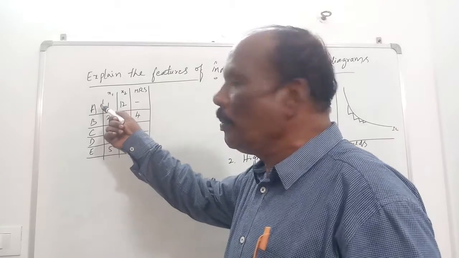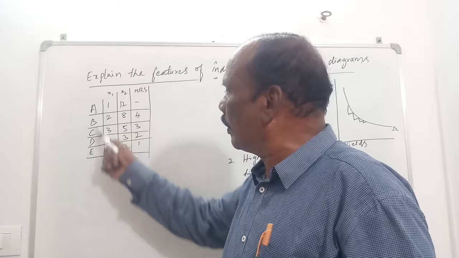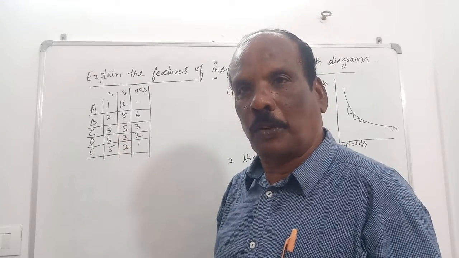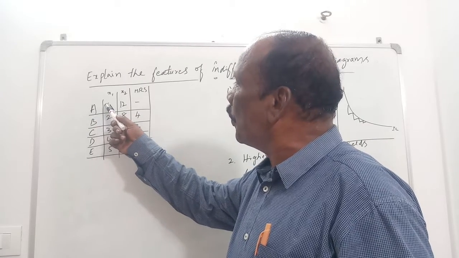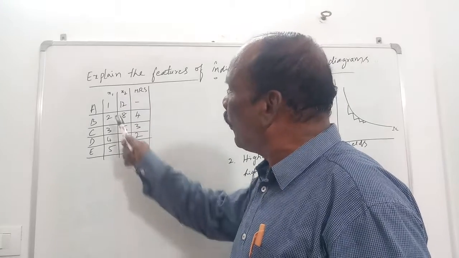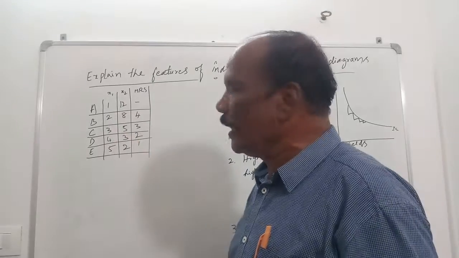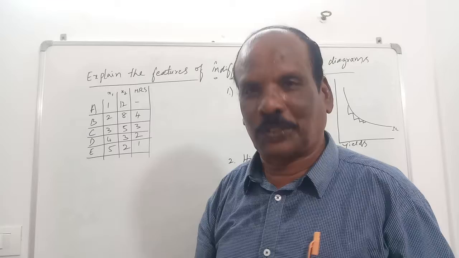See, here the consumer consumes A, B, C, D, E combinations of goods. So here you see, he consumes 1 X1 and 12 X2s. If he increases the consumption of X1, he will have to forego 4 X2s.